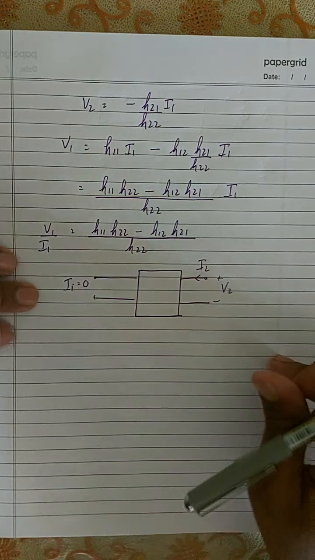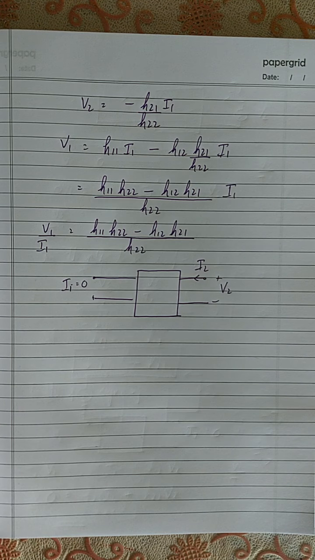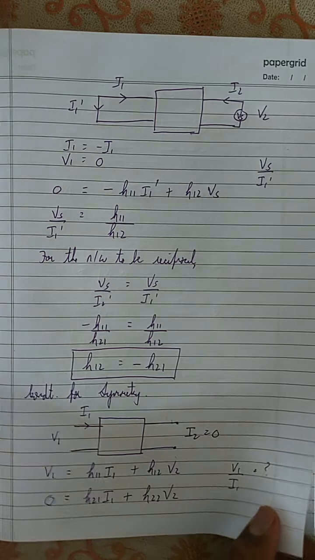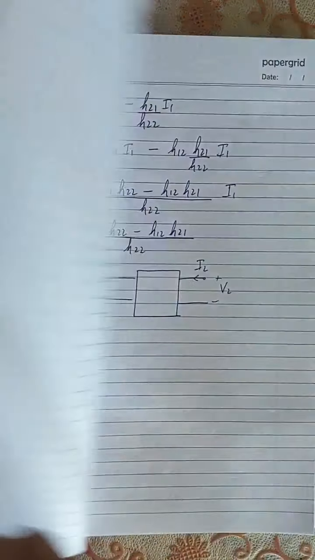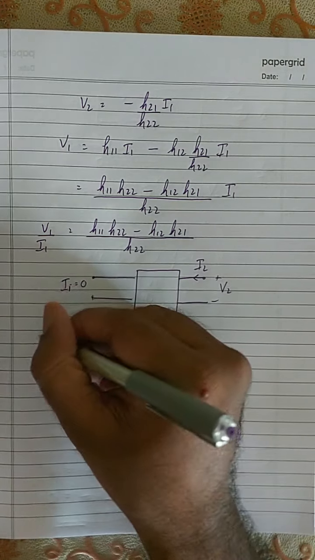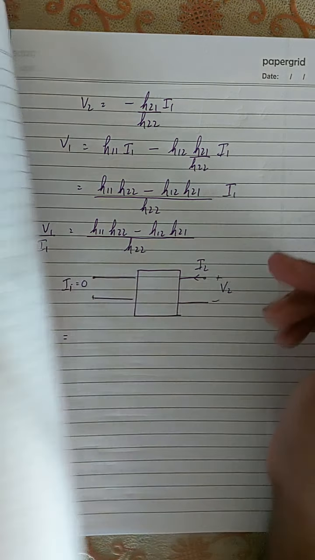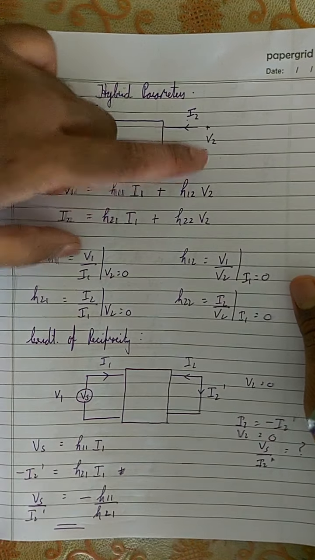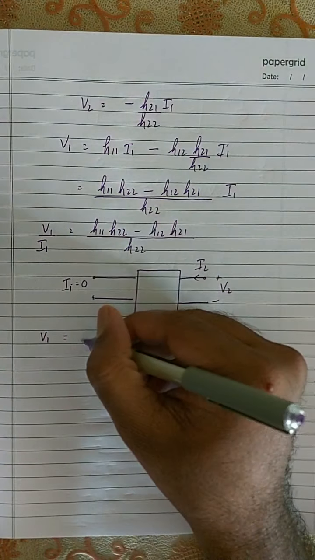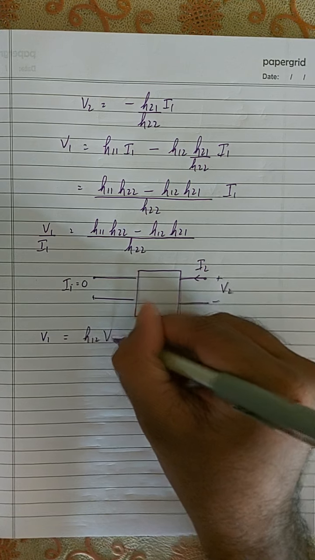Now substituting that, V1 is equal to, and here I1 is equal to 0, so this term will become 0, so it becomes H12 V2.